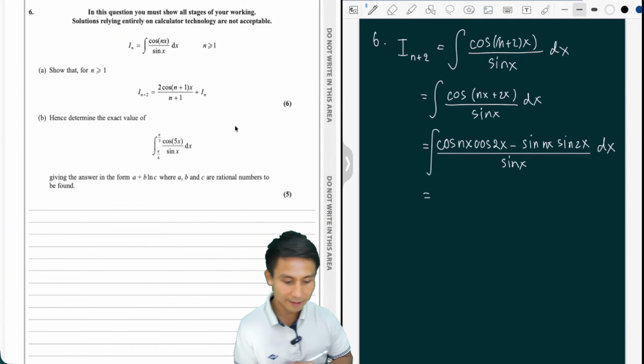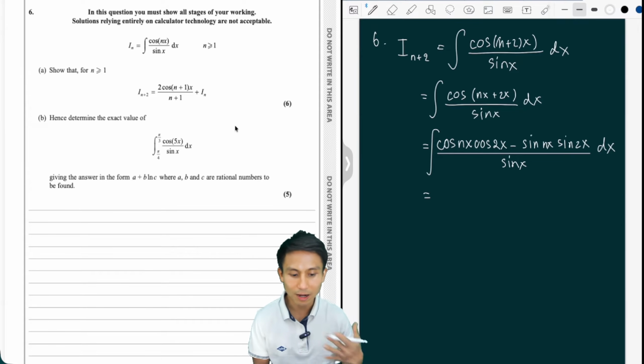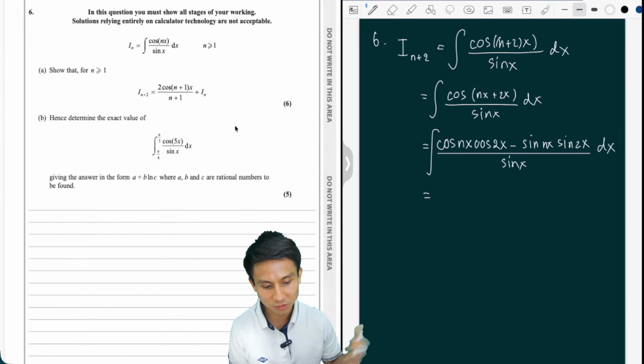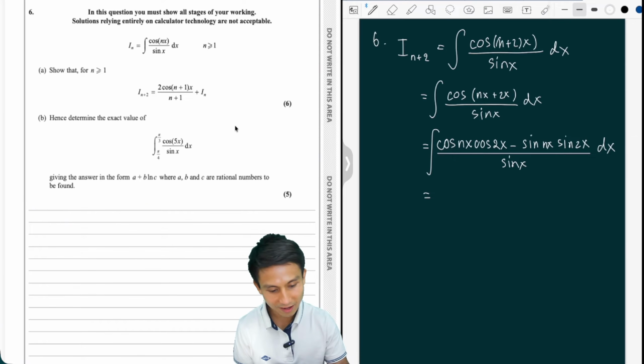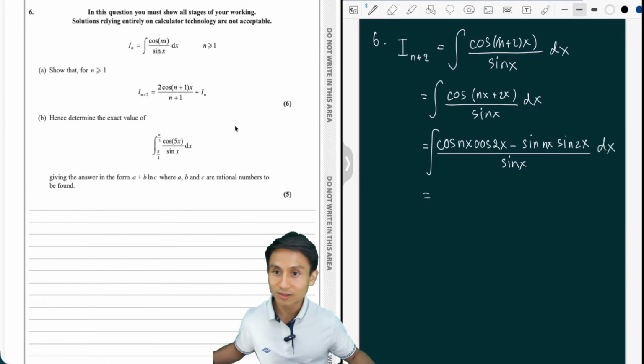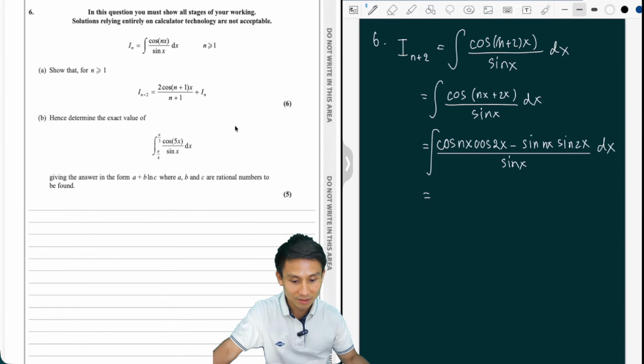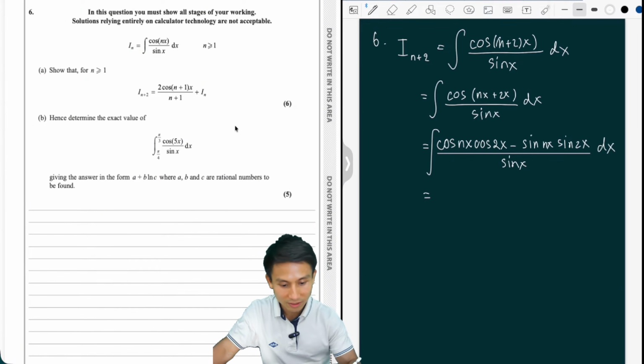And then if we also apply the double angle formulae for cos 2x and sine 2x, we're going to simplify that. So what should I use? I'm going to use sine, I think. Because then we have cos, okay. Yes, we use sine.